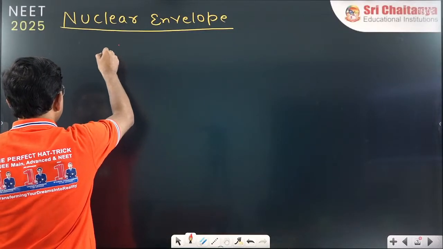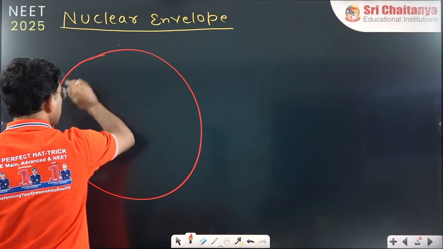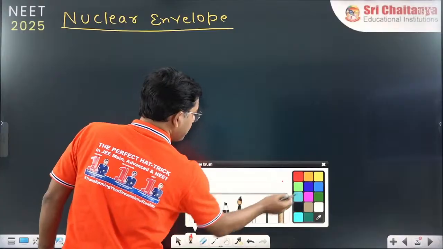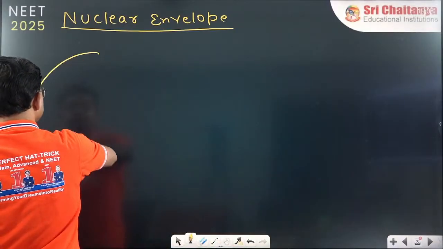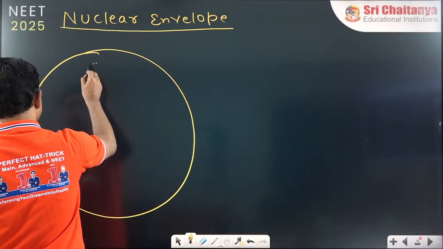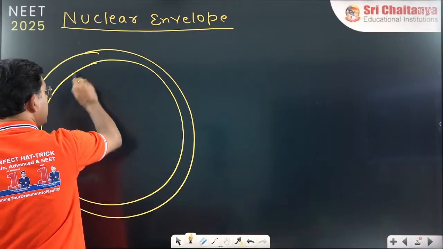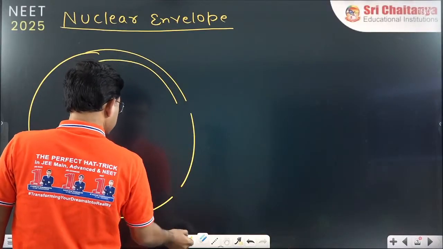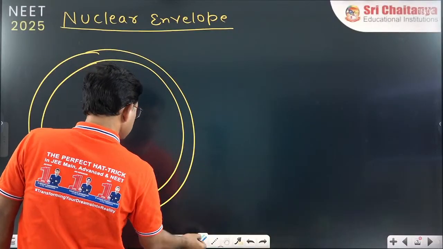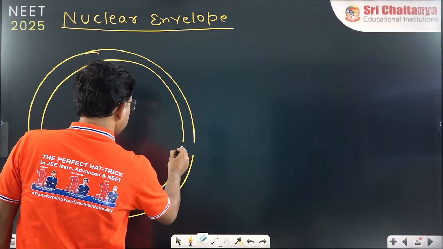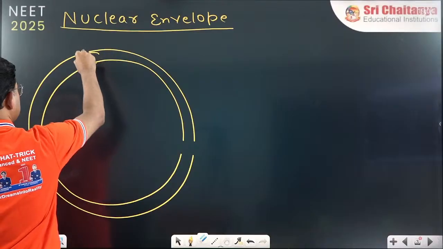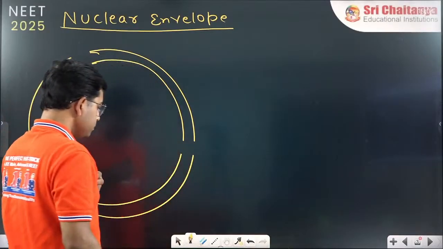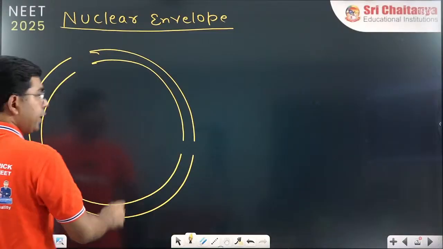If I draw the diagram here, the nuclear envelope has an outer and an inner membrane present. Let's see the diagram.